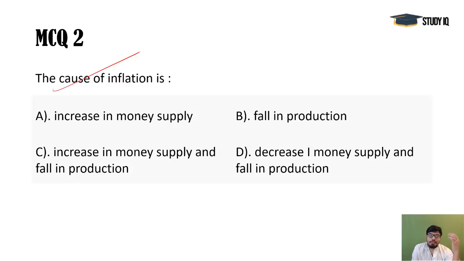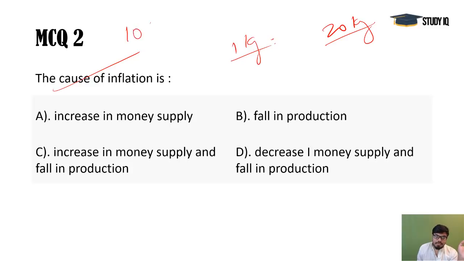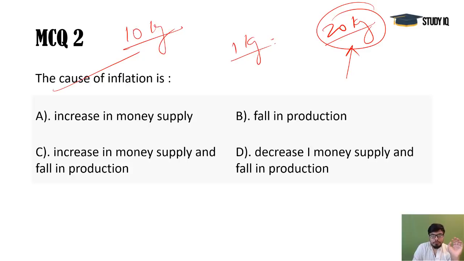In the rich area, 1 kg of tomatoes he would sell for 20 rupees per kg. In a poor area, the same tomatoes would be sold at 10 rupees per kg. So same product but higher price. This is inflation, meaning prices are shot up.